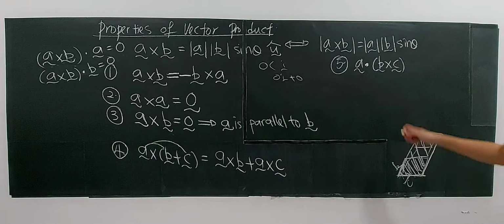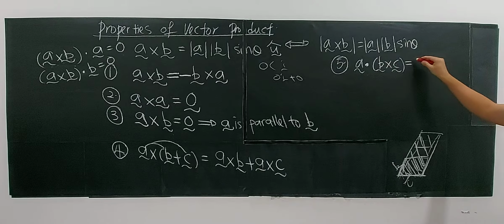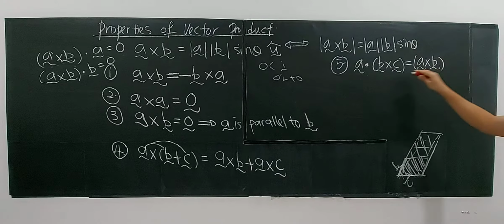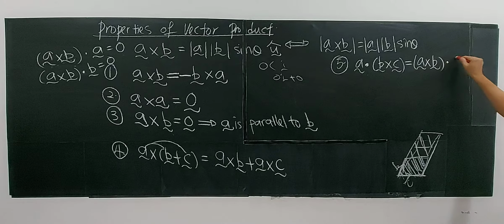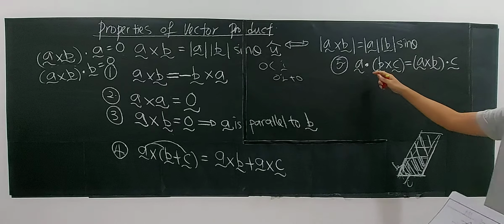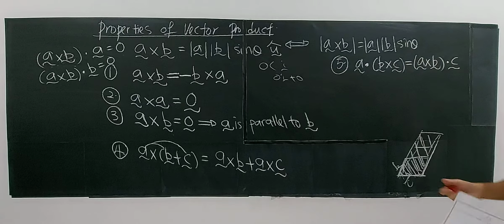The front surface. You can rewrite this as A cross B dot with C. It's the same thing, right? A cross B dot C, or you can do B cross C dot with A. They will give the same scalar.